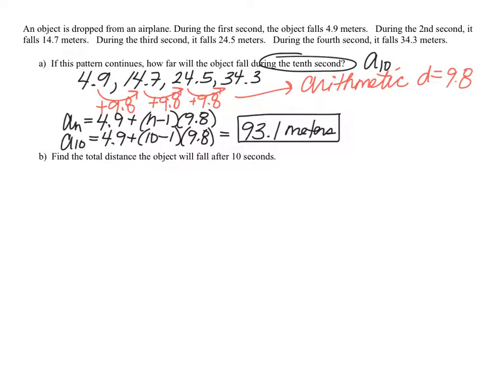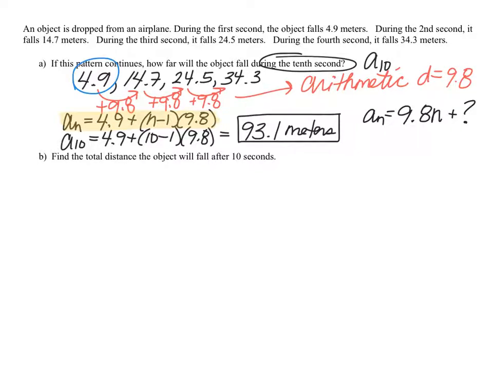But let me pause and just remind you, you do not have to be a person that utilizes this general formula here that I've highlighted in yellow. You could be a person instead that recognizes that if we're subtracting, or in this case, adding 9.8 over and over again, then we would start off with 9.8n. And then you could just ask yourself, what am I going to add or subtract? How am I going to adjust my formula to make it work so that my first term is 4.9?